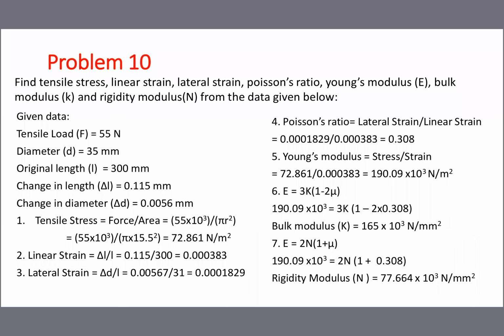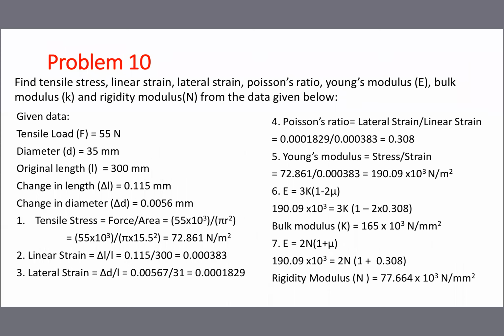Then problem number 10. We have already studied so many formulas. The missing data we are calculating here, covering all the formulas. Stress we already calculated, strain already calculated, how to find out stress, strain, Young's modulus, the factor of safety, safe load, everything we completed.